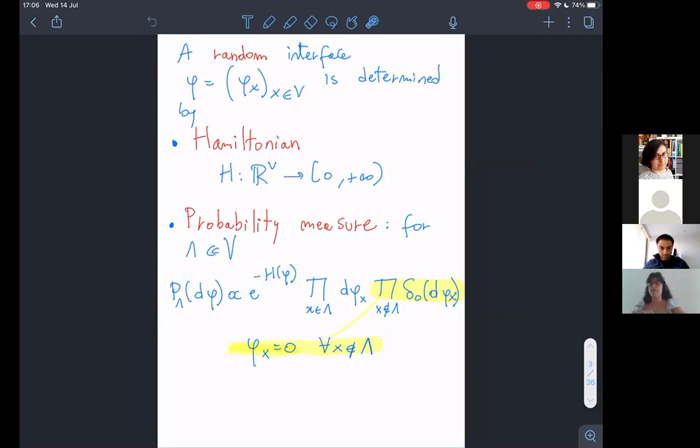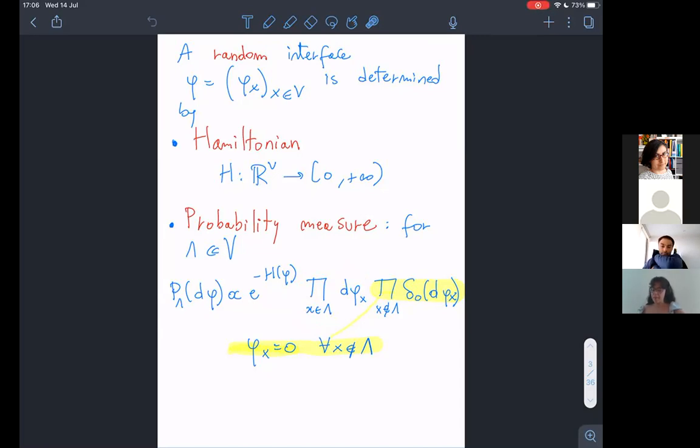With these two ingredients, I define this probability measure, which some of you probably already recognize. The probability of my height configuration is proportional to the product Lebesgue measure for heights whose vertices are inside Lambda, weighted by the exponential of minus the energy.